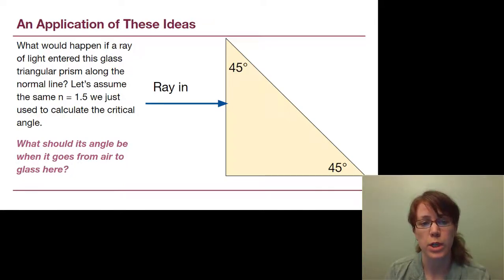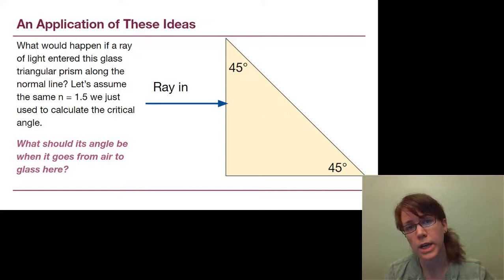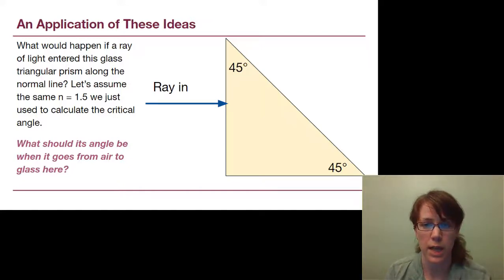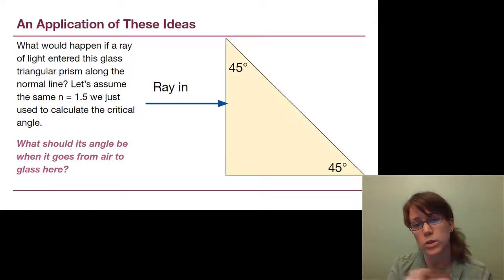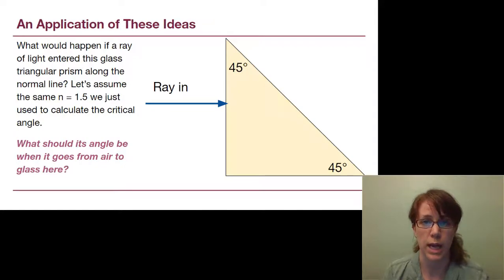So for this first question, if we go straight at this glass, what should the angle be when it goes from air to glass? So relative to the normal, what should the refracted angle be? Pause the video if you need to think about it, but basically try to think in your head, what's the arrow going to look like if it makes it from air to glass?